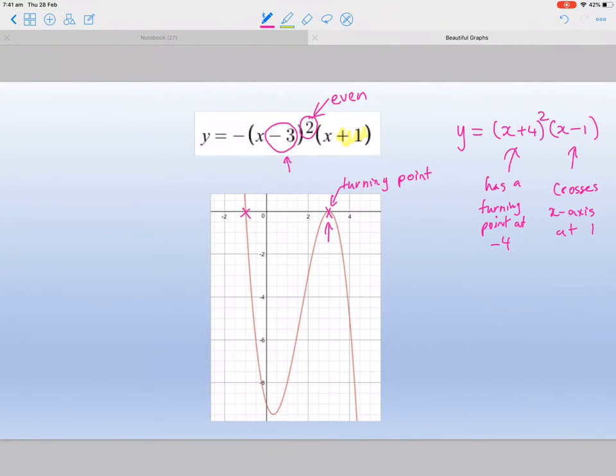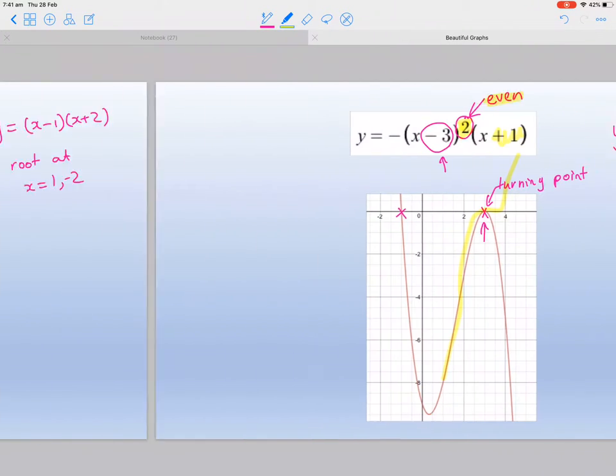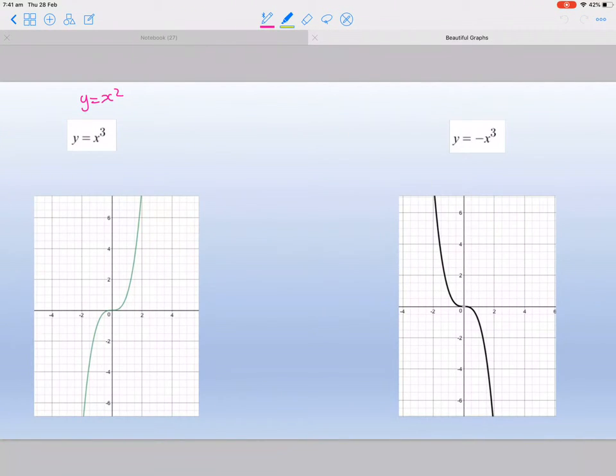Okay, so because of the power here, that's exactly what's happening with this. Now, this only happens if the power is even. So be aware of that. If the power is odd, it will cross it. It will just be like a deep sort of cross, just like we saw. I'm going to go back, like here. See how it crosses the x-axis, because that's to the 3, and it's sort of a deep point of inflection. Okay.